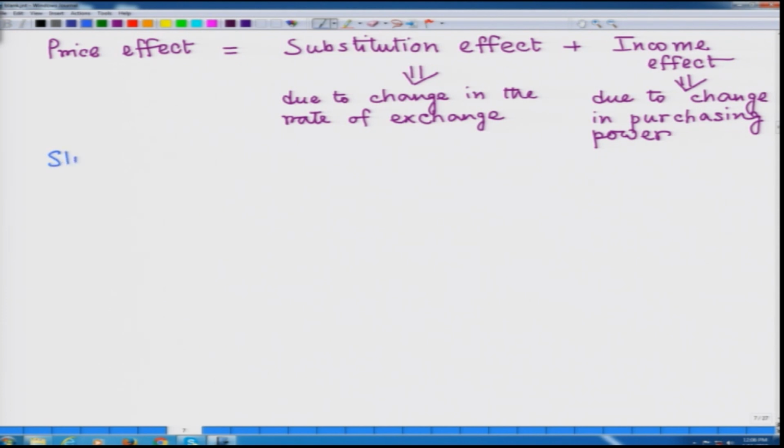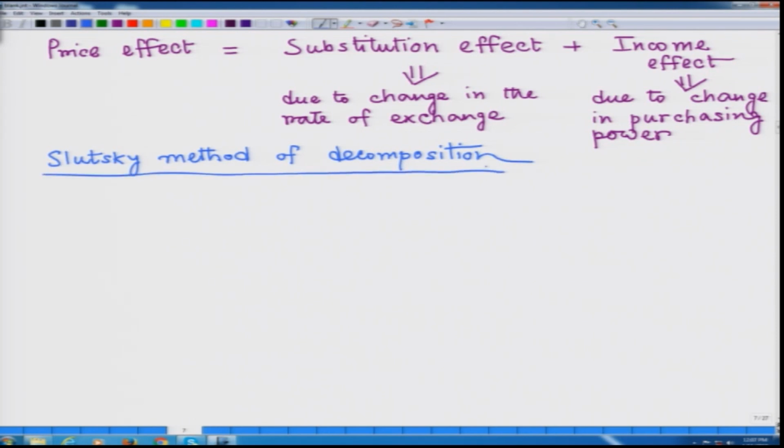So, first we will start with the Slutsky method of decomposition. Before we go into the deeper details of these two different approaches, let us see how philosophically they are different.